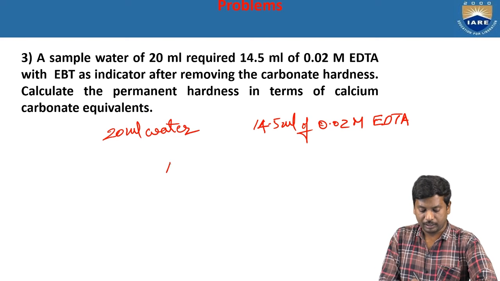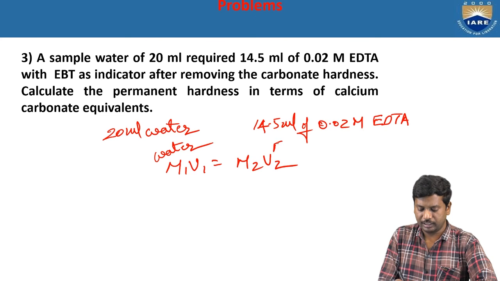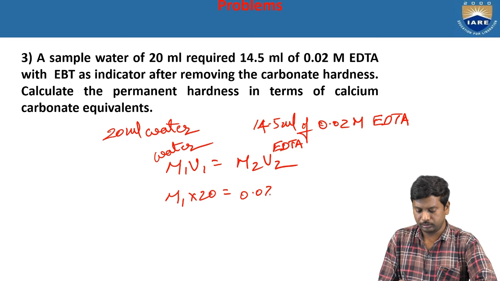From the formula M1V1 is equal to M2V2, always on the left side we consider water, and on the right side EDTA. For the easiest calculation, M1 into 20 is equal to 0.02 into 14.5.